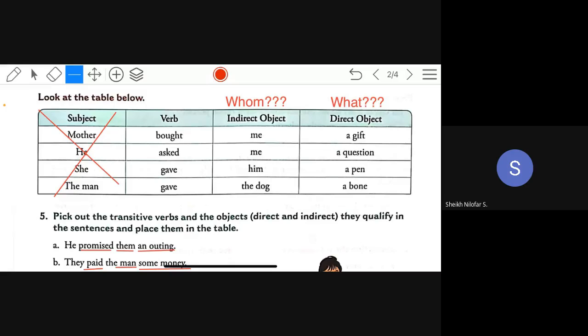What will you write? Verb, indirect object and direct object. Am I clear? Any doubt? No doubt. Good.